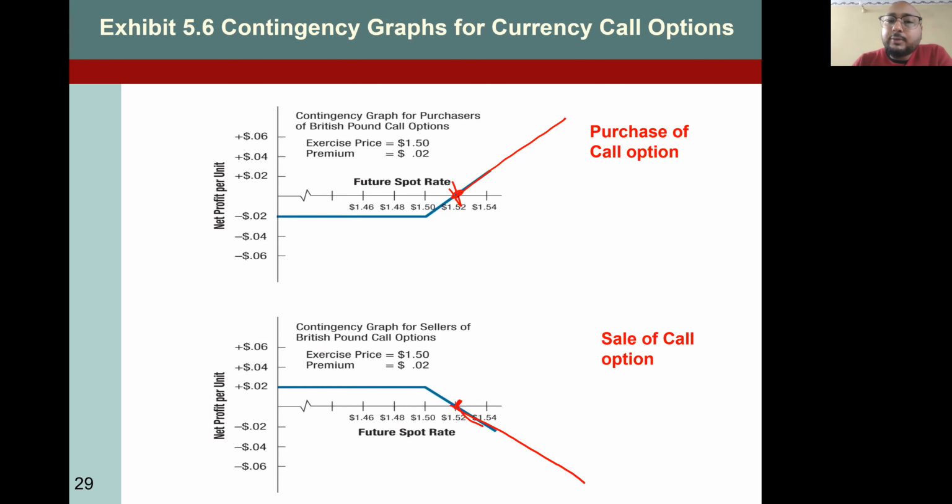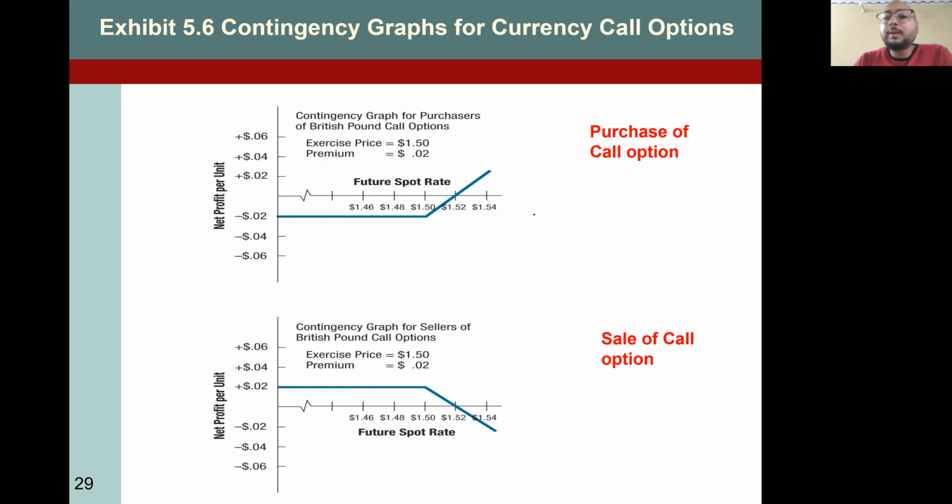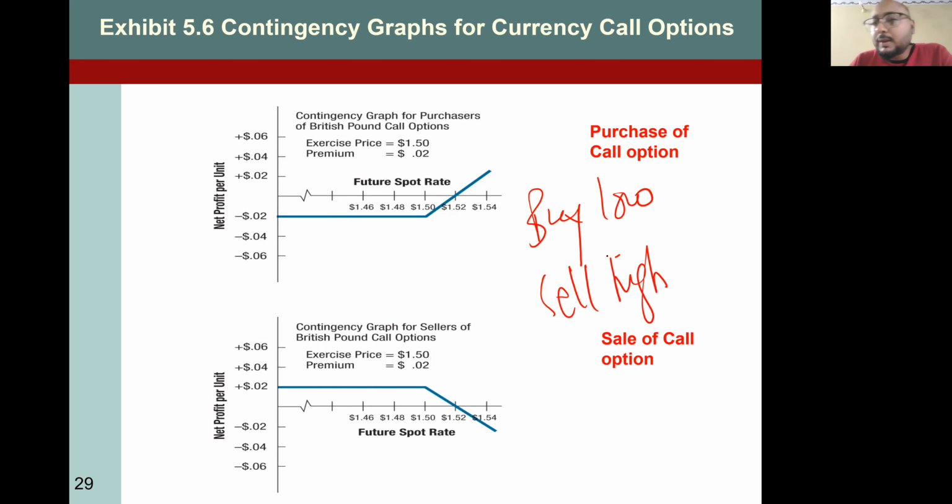The buyer's break even is 1.52. The seller's break even is also 1.52. That is just the profit strategy. If you don't understand this stuff, remember the profit is: buy low, sell high. So remember which side you are on.